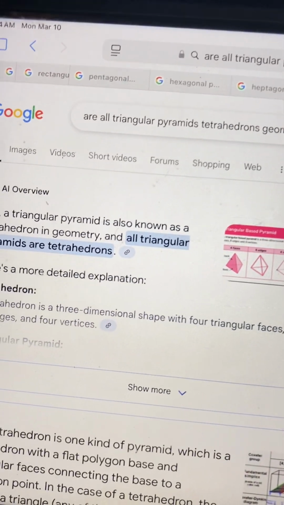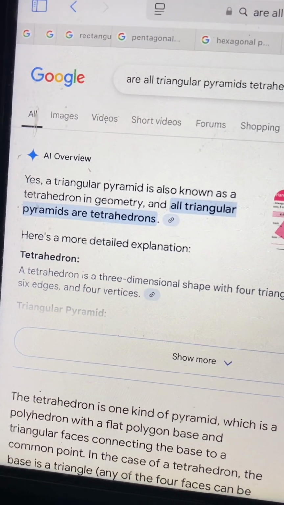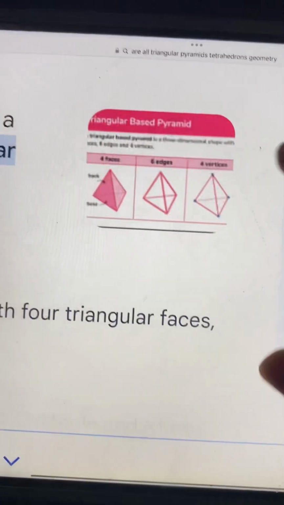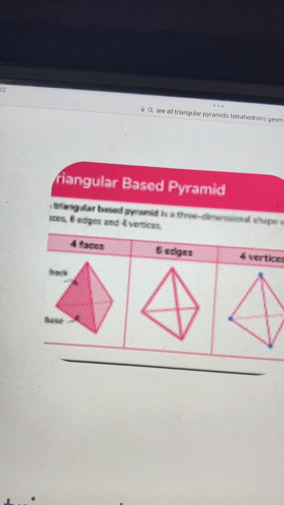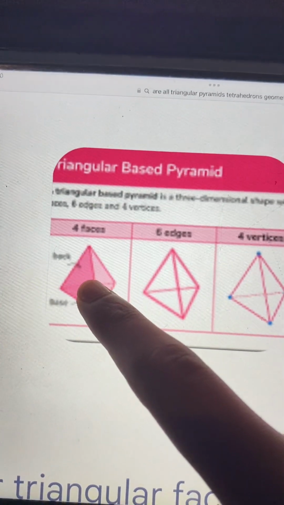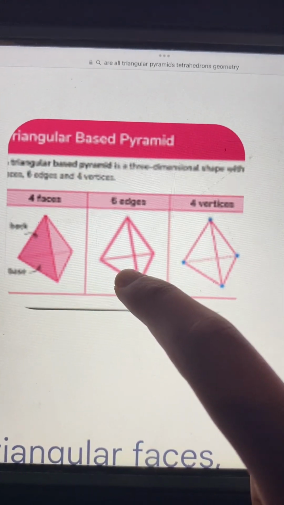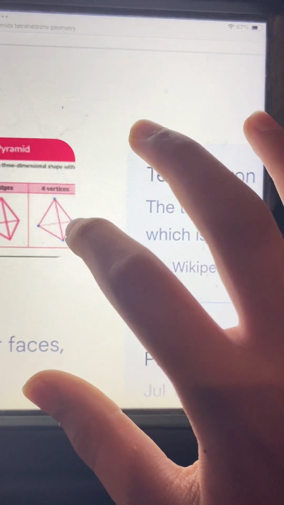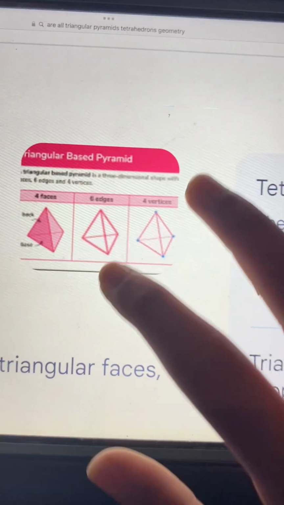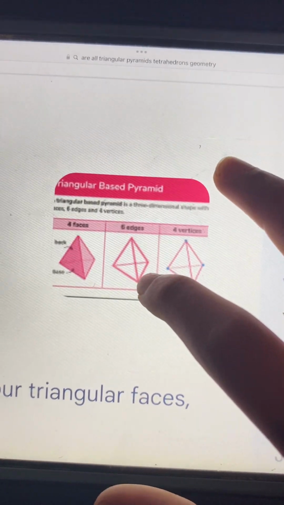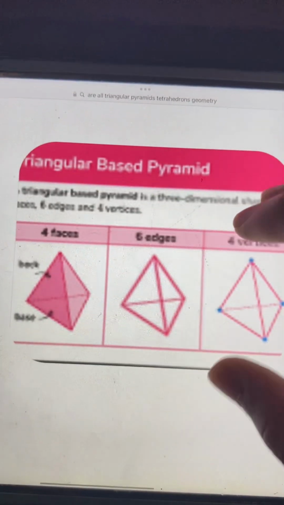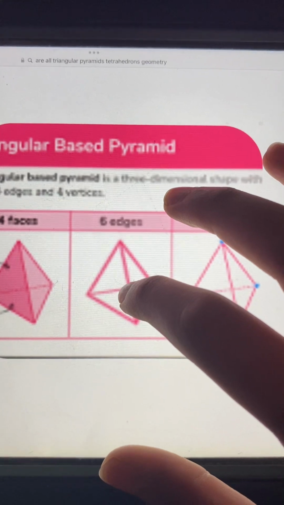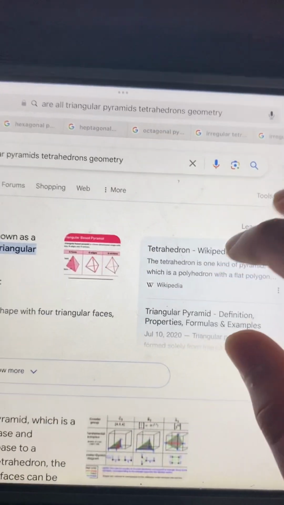So this means that all triangular pyramids are tetrahedrons, because let's look over here. It has 4 faces. Let's see. 4 vertices. And as we can see here, 5... No, wait. What does that read? I think it has 6 edges. Let's just see if we're correct.